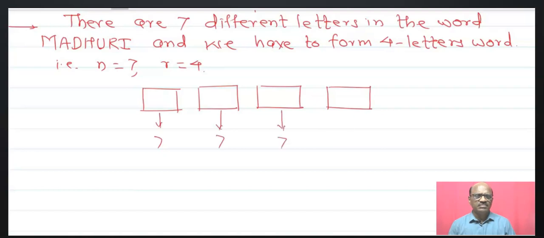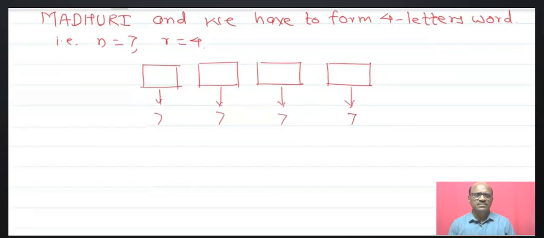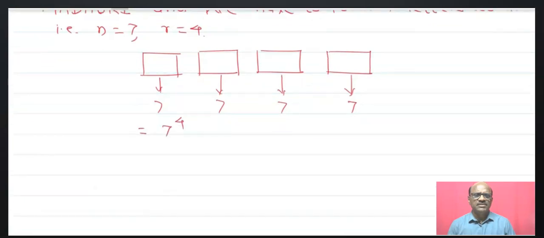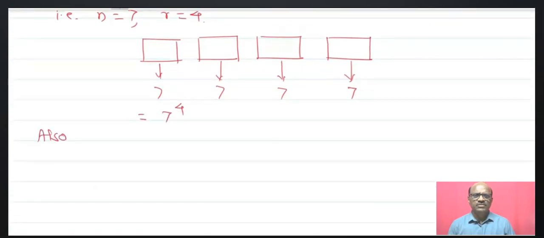The first letter can be chosen 7 ways. Repetition is allowed there, that is 7 raised to 4.